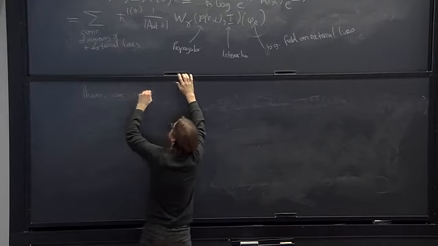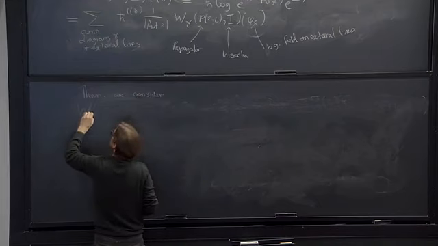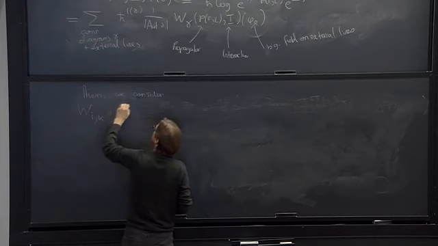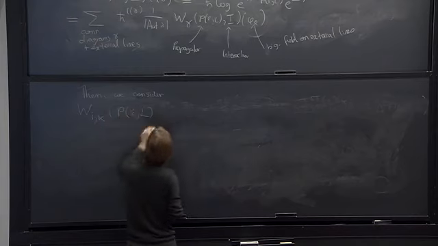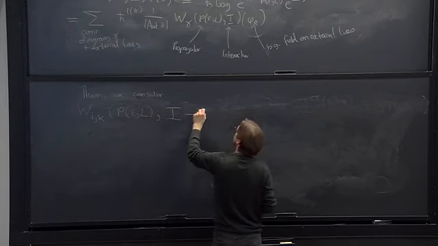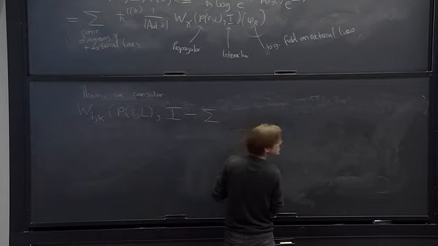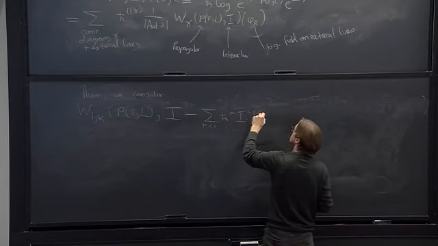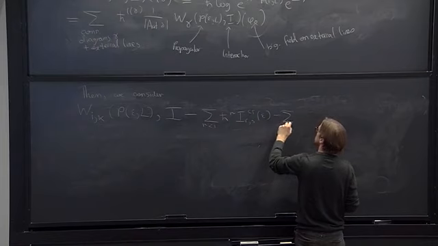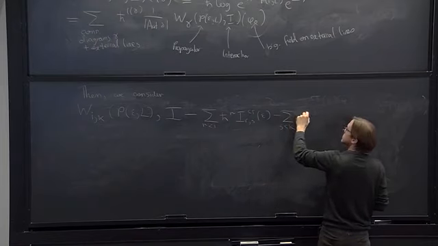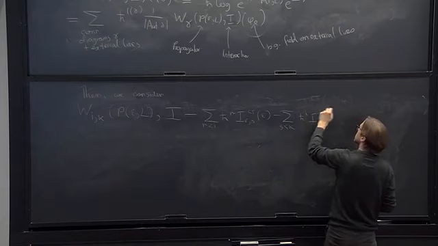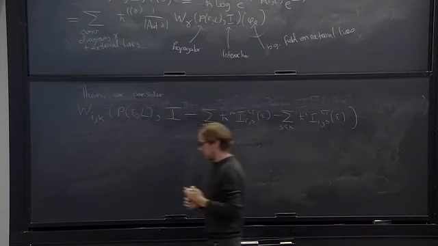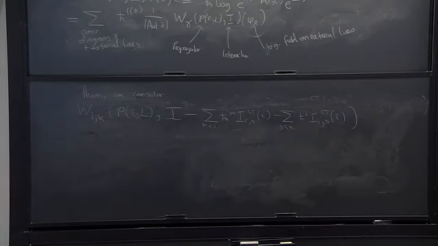So we consider this guy, W sub ik, minus the counter terms we already have. Does that sum also include r equals i?